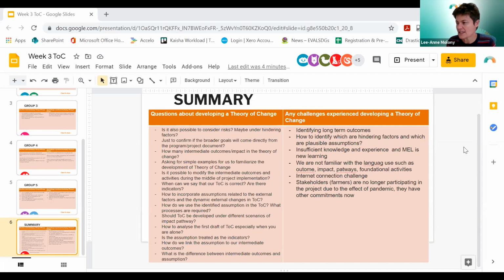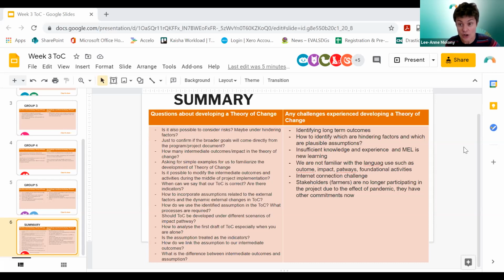How do you incorporate assumptions related to external factors and dynamic external changes in a theory of change? You don't incorporate the external factors or the external assumptions in your theory of change. It's important to note them, but you don't put them in the model. You might want to acknowledge some of those external assumptions.